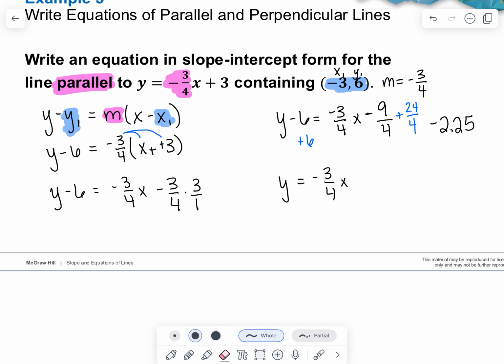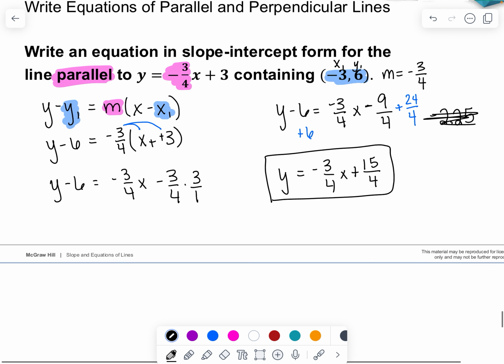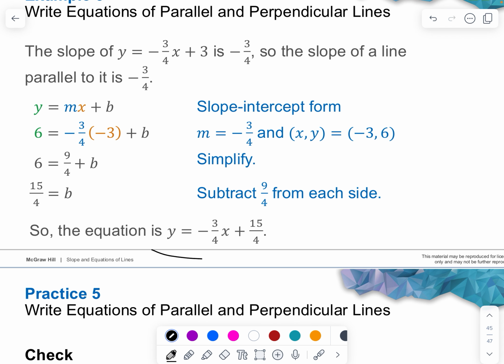There we go. So, plus 15/4. That's what it ends up being. Get my black out here, though. Plus 15/4. There we go. Let's see if I did all my math right. Okay. Plus 15/4. Woohoo!